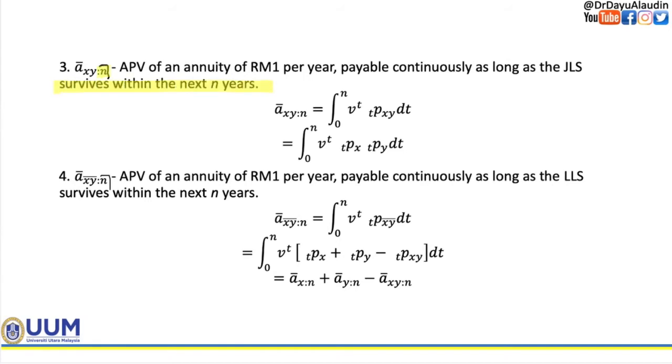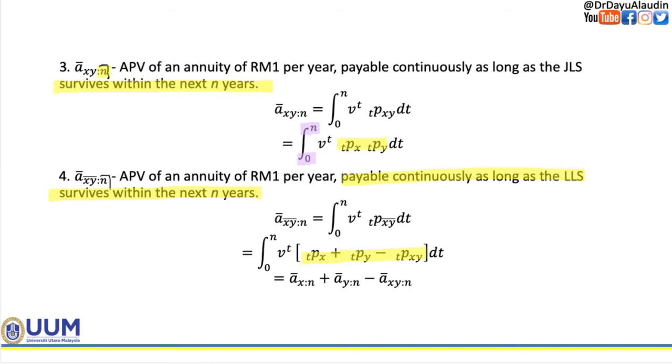So we have the term here, so the bound is from 0 to N. As well as for LSS, at least one must survive until N years. So for LSS it is TPX plus TPY minus TPXY, same as the whole life annuity.